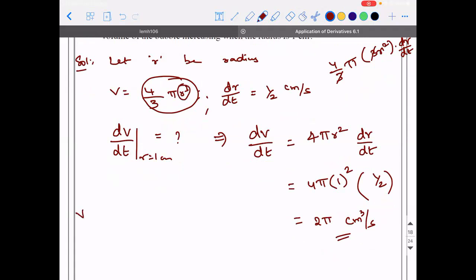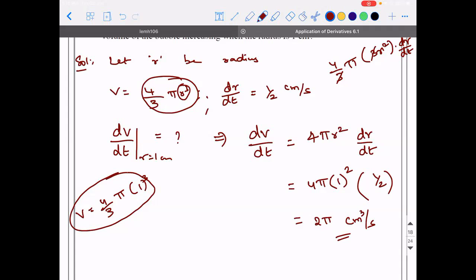Yes, sir. If you do that, v is equal to 4 by 3 into pi into 1 cube, correct? So is this a constant value or a function or a variable? Constant value, sir. So when you differentiate a constant, you would be misguiding someone by saying that dv by dt is 0.